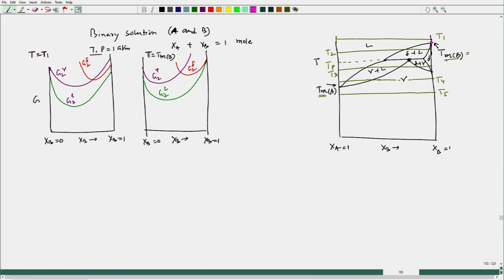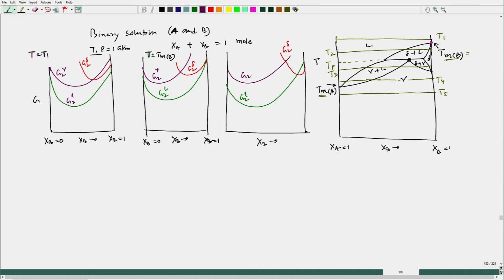Okay. Now, if I take T equal to T2, this is G2 liquid, and we have G2 delta and we have G2 gamma.